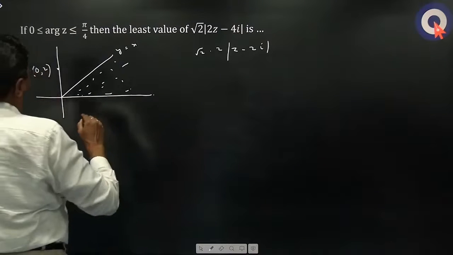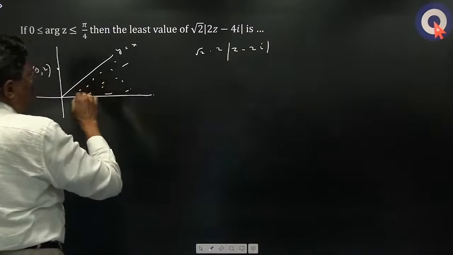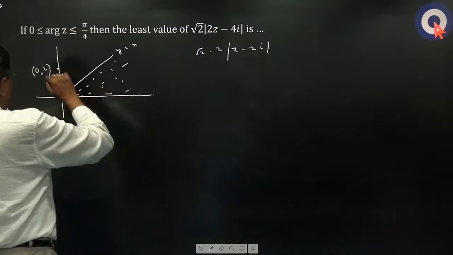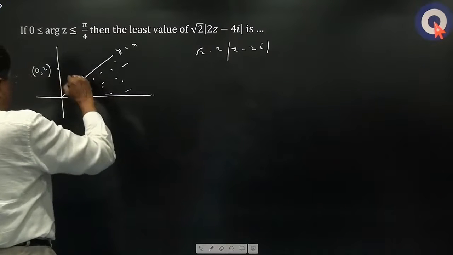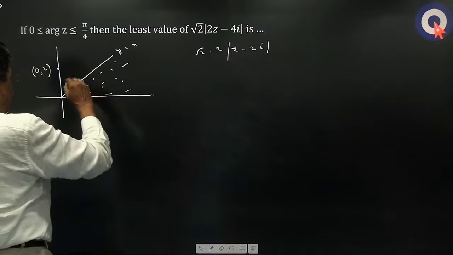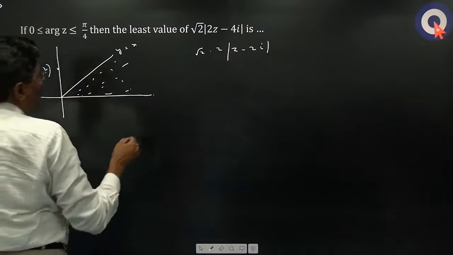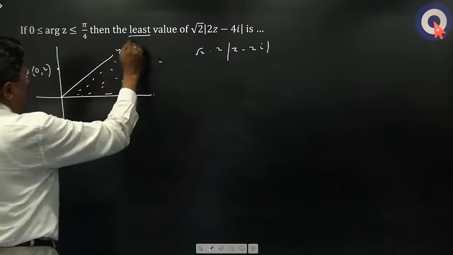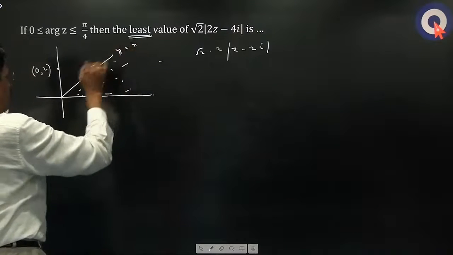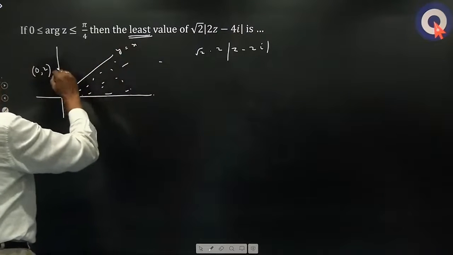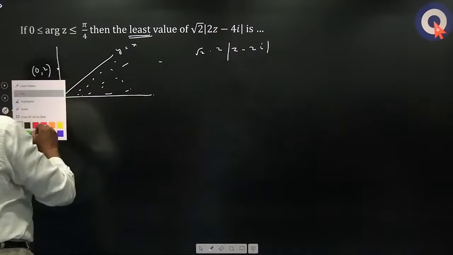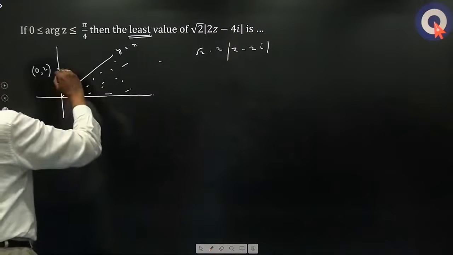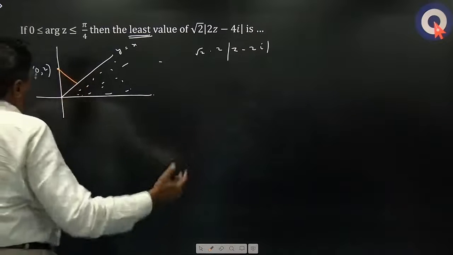So the distance between 0, comma 2 and z. So where z should be, so that this distance is least? So z has to be the foot of the perpendicular drawn from the point 0, comma 2, as simple as that.